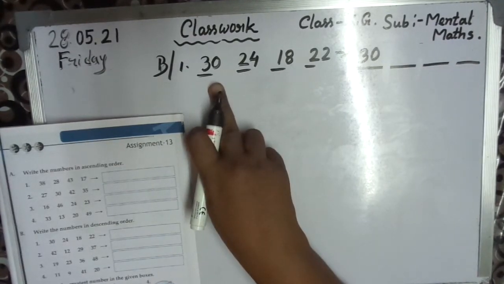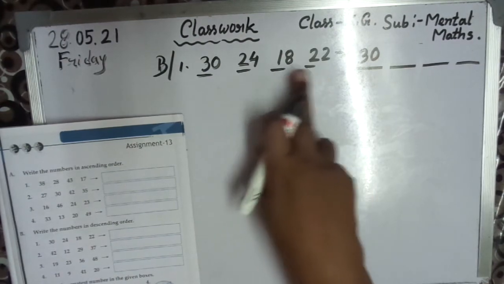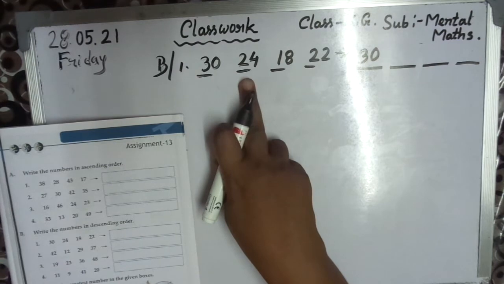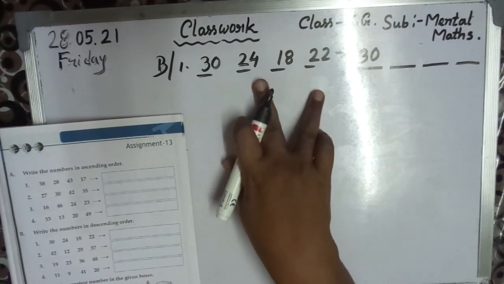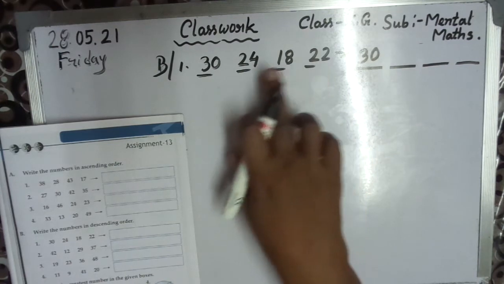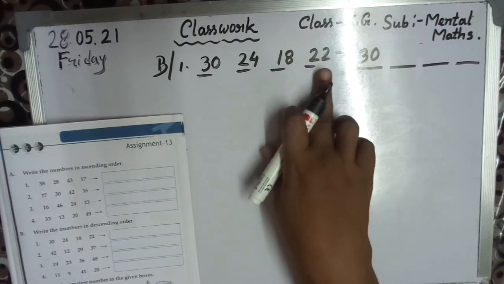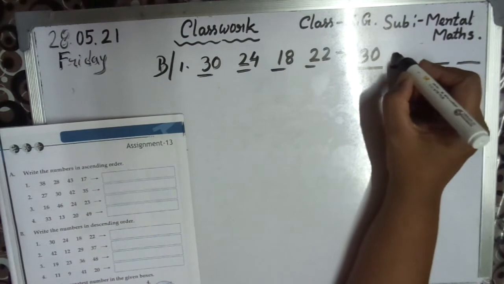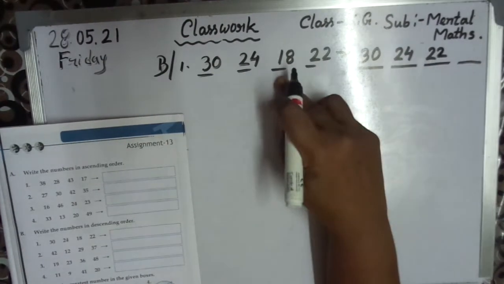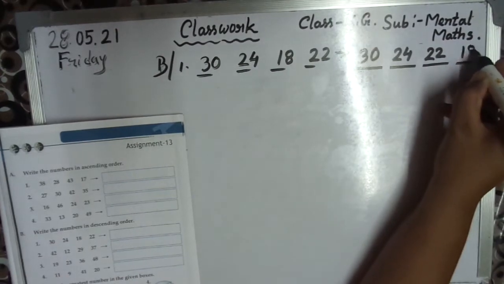So 2 number is 2, 22, 24, so to tally now, 24 is big, then 22, so write first 24, after then 22 and last one 18.